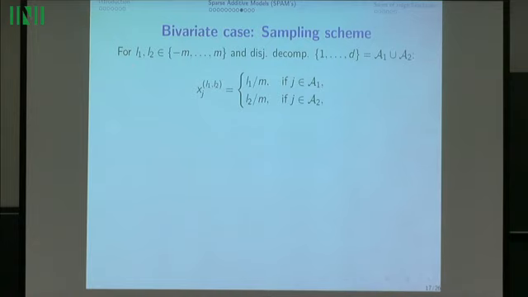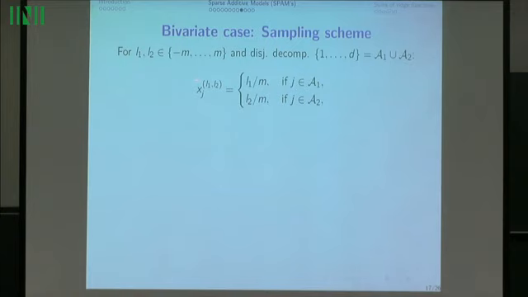So we start really with such a grid. So we take l1 and l2 in minus m to m, and we would be considering points like that: l1 over m, l2 over m. So these are the points from the two-dimensional grid, and we assume that we are given a decomposition of 1 to d into two disjoint subsets, and we define the points x_{l1,l2} in such a way.